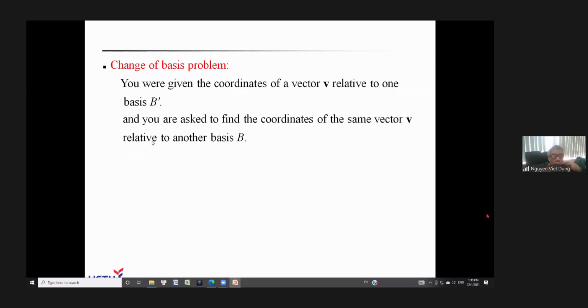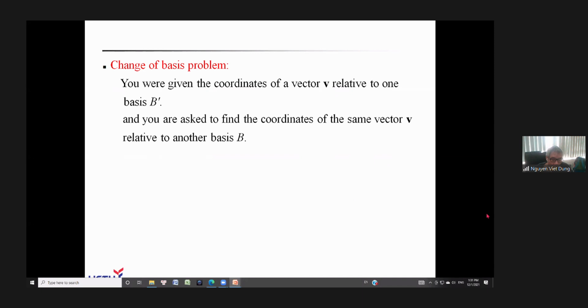But suppose that the space has another basis B, and you are required to find the coordinate of the same vector V, but now relative to the basis B, how can you do it? The next example will show you.